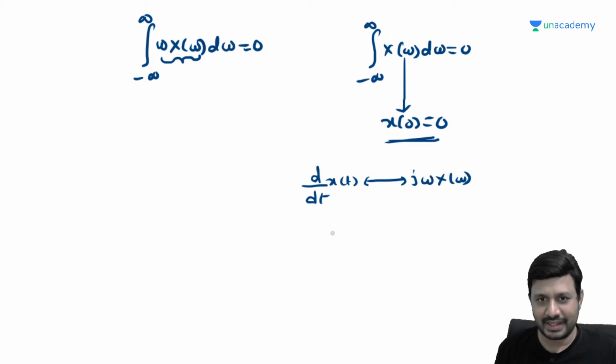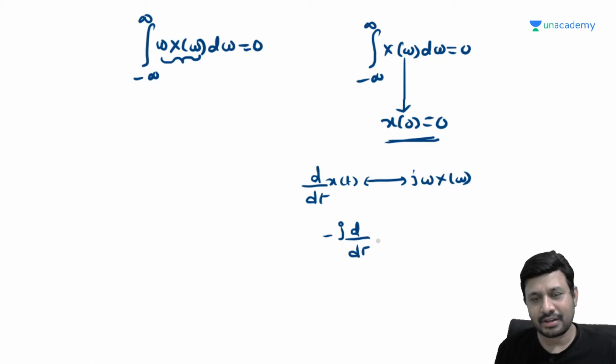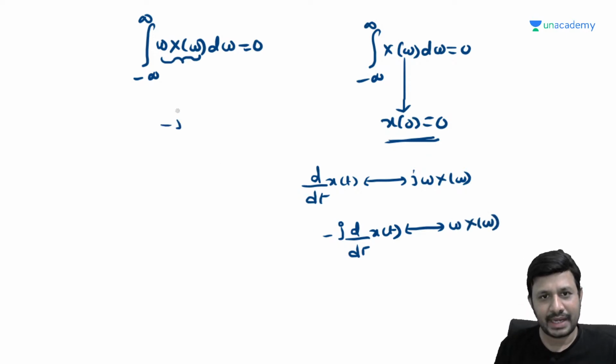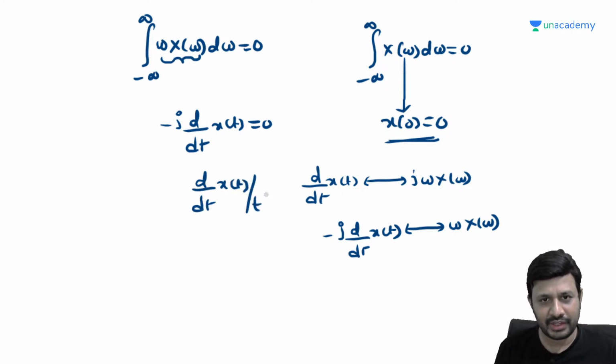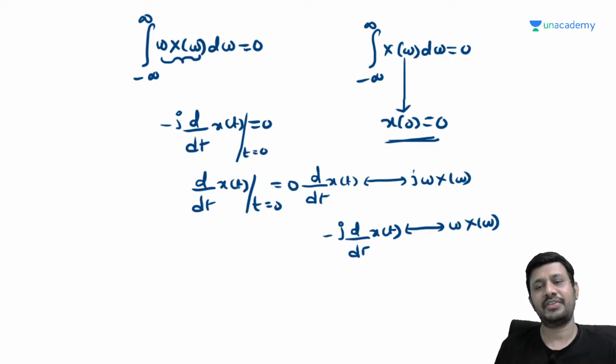If I bring this j here, minus j times d by dt of x of t forms a Fourier transform pair with omega times X of omega. So from this, minus j times d by dt of x of t must be 0, or simply d by dt of x of t at t equal to 0 must be 0. This is the condition.